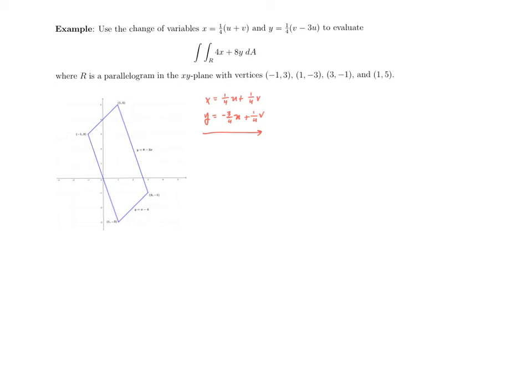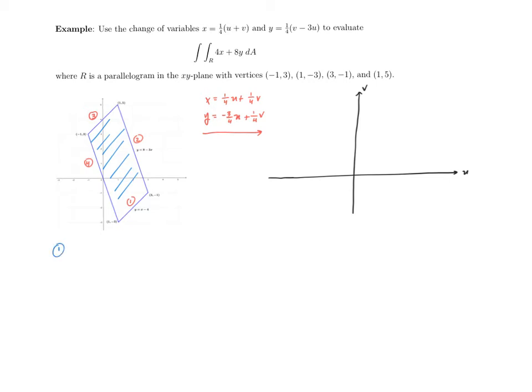And we would like to sketch what the corresponding region will become in the uv plane. Similar to our first example in the previous video, we are going to take our region of integration and break it down into its 4 individual sides. And if we can figure out what happens to each side individually, that should give us a very clear idea of what is going to be happening to the entire region itself.